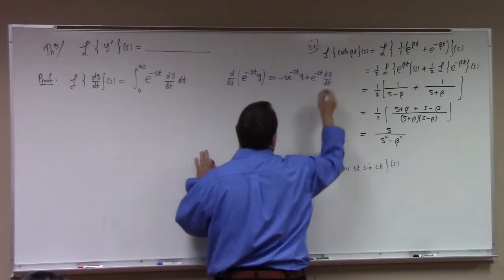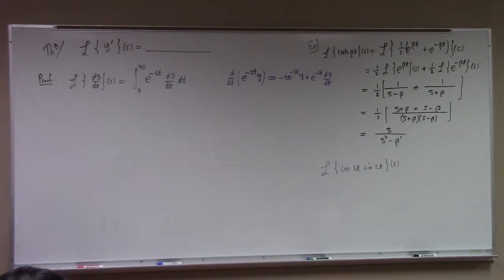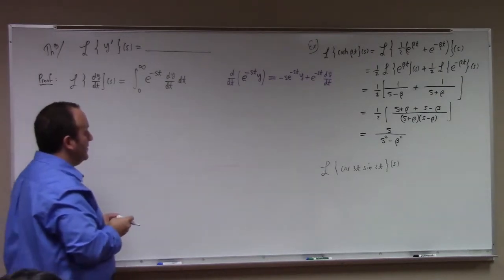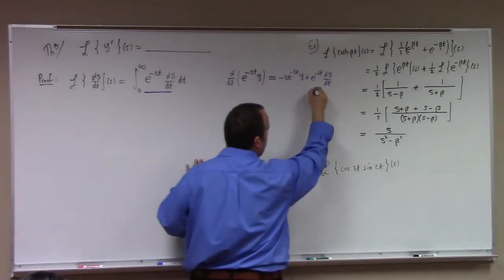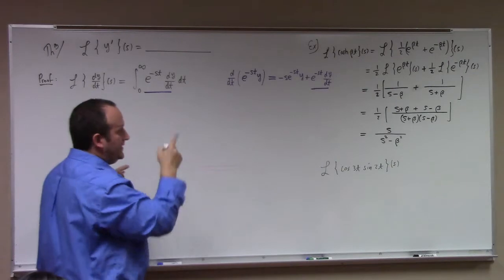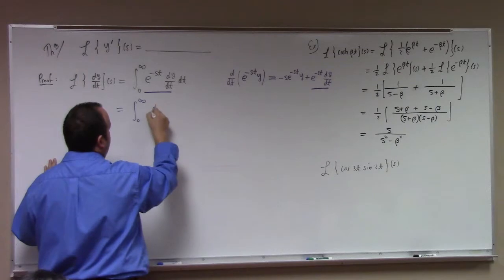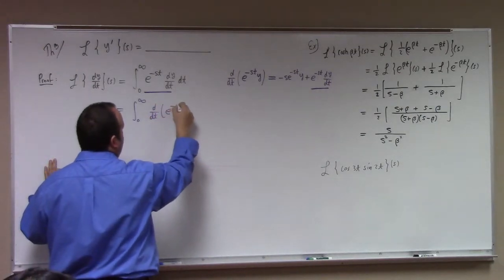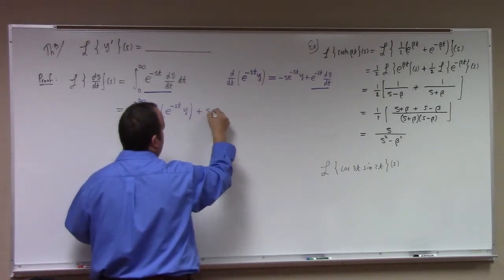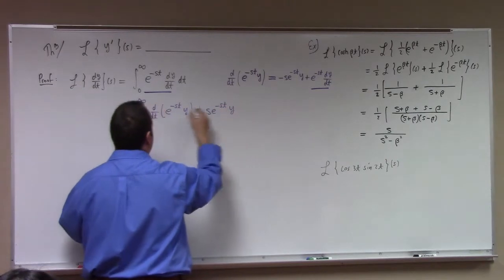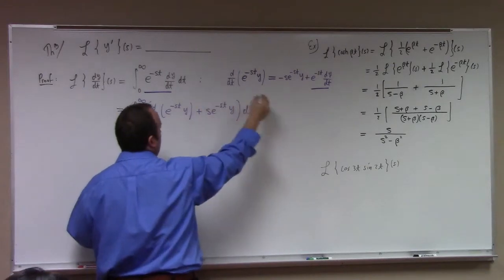Right? Overall using the product rule, right? Look at what we have. What we currently have is this, right? Which is that. So I can trade that for the integral from 0 to infinity of what? d dt of e to the minus st y plus s e to the minus st y. See what I did there? I just used product rule, right?